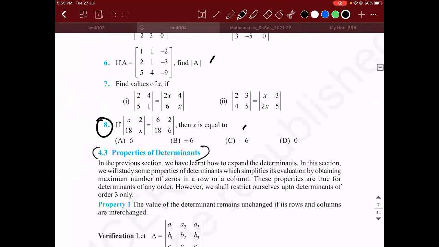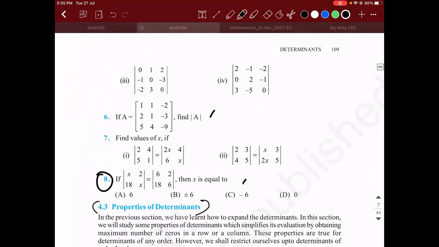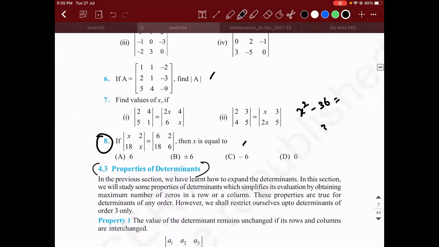So 18x, x square minus 36 is equal to 36 minus 36. So this will get cancelled. x square will be equal to 36. x will be equal to plus or minus 6 because it can be a real number. But is it plus or minus 6, guys?